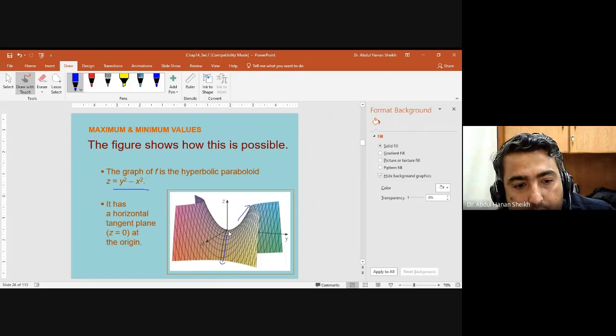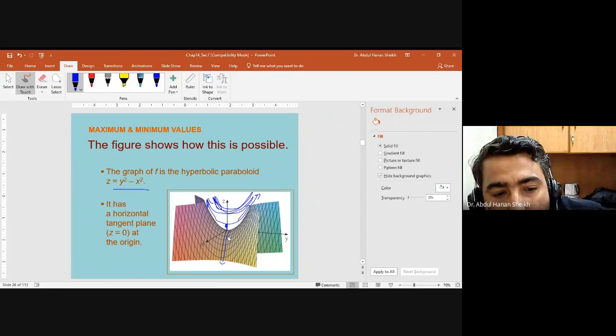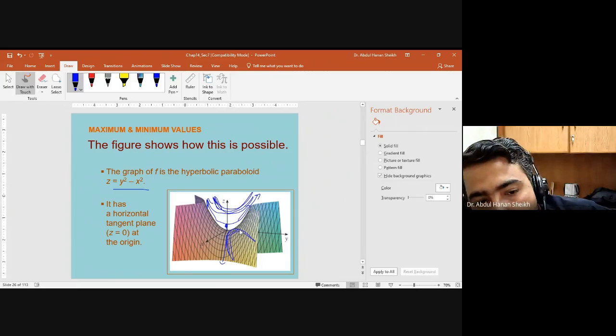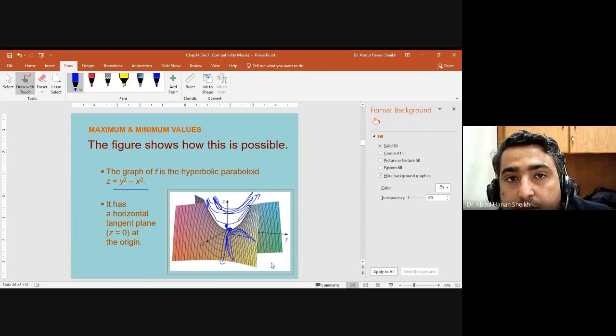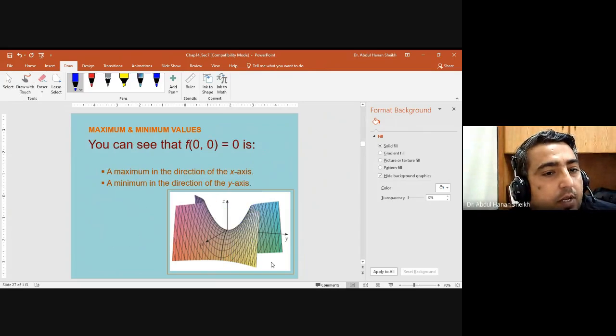If you go along the y-axis in this way, for this function this point is basically a minimum. And if you go along the x-axis like this, then this point is a maximum point along the x-axis. So it can be an extreme maximum point only in the direction of x or in the direction of y, but not in both directions. This is the conclusion, written here.